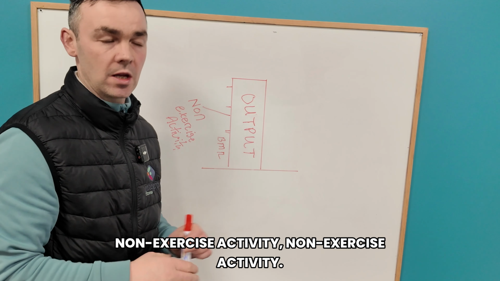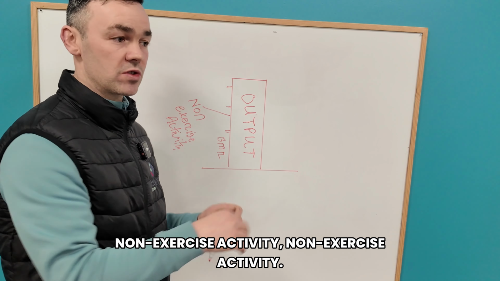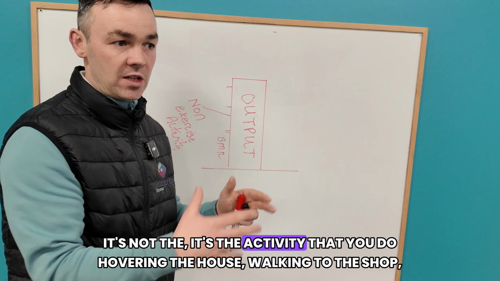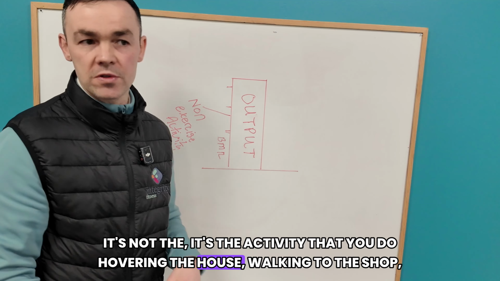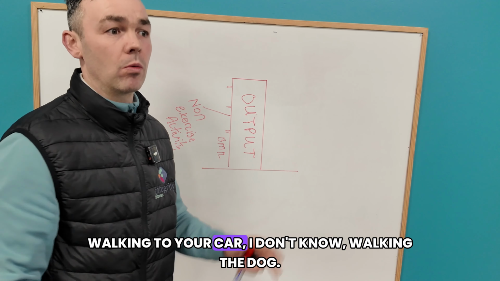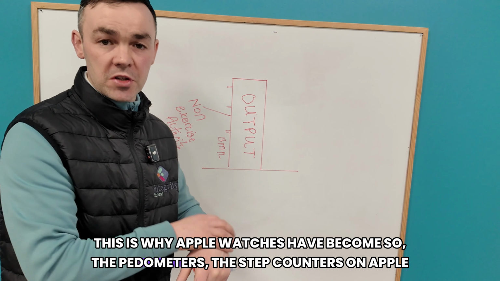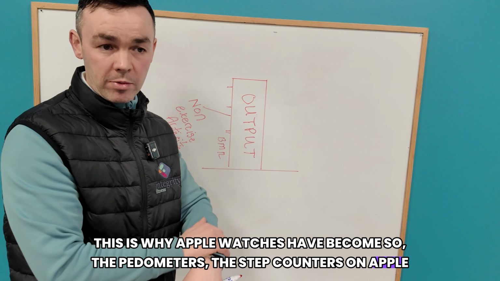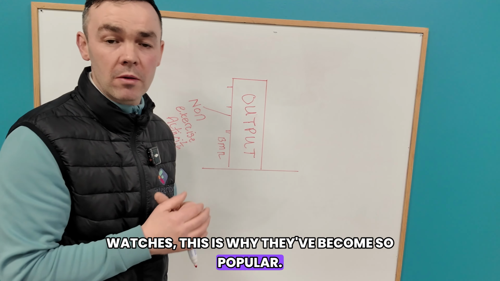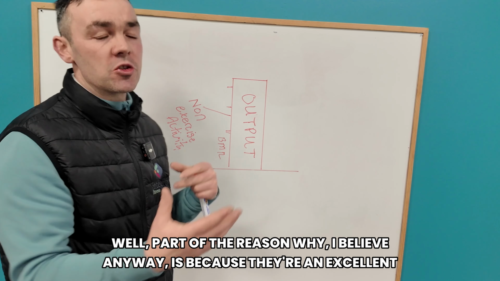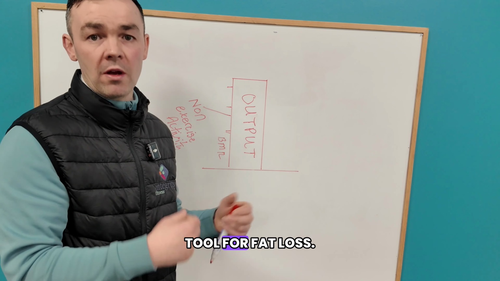Next is non-exercise activity. It's the activity that you do: hoovering the house, walking to the shop, walking to your car, walking the dog. This is why the step counters on Apple Watches have become so popular. Part of the reason why, I believe anyway, is because they're an excellent tool for fat loss.